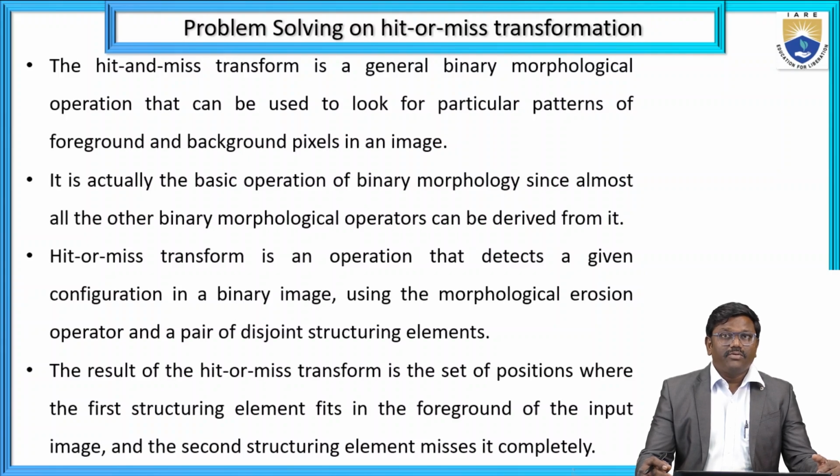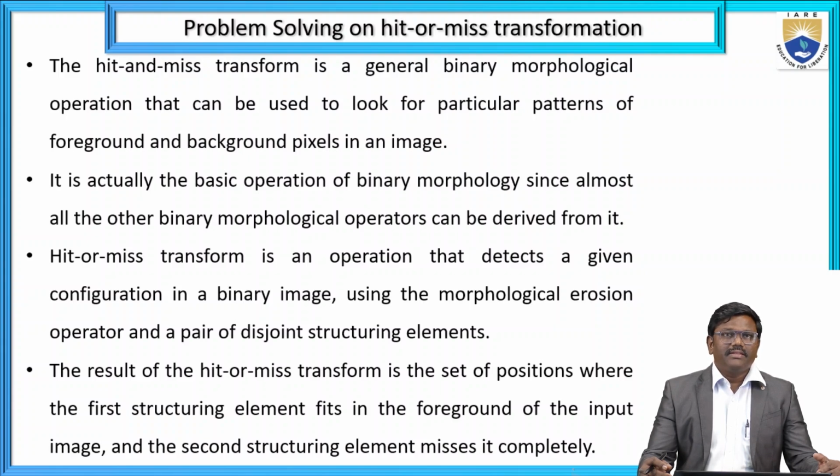We have to understand the principle. The hit or miss transformation is a general binary morphological operation that can be used to look for particular patterns of foreground and background pixels in an image.